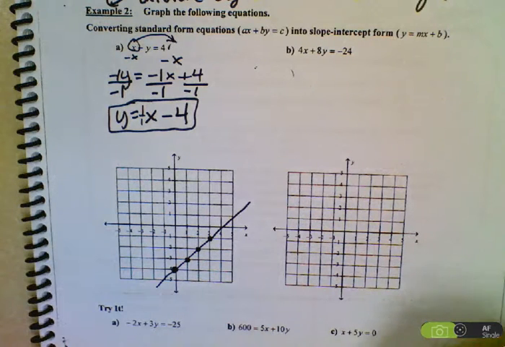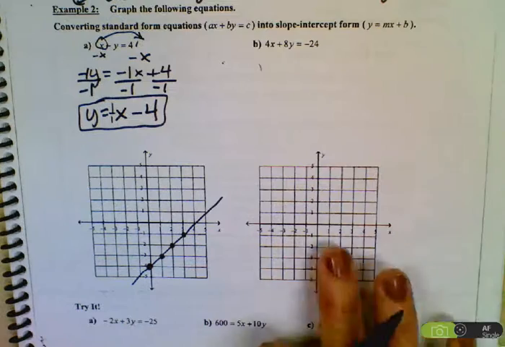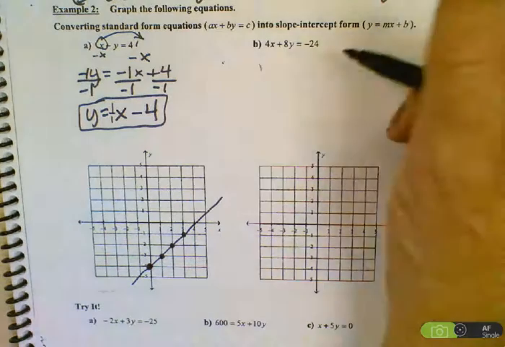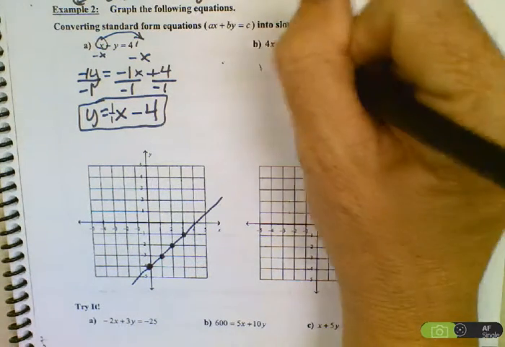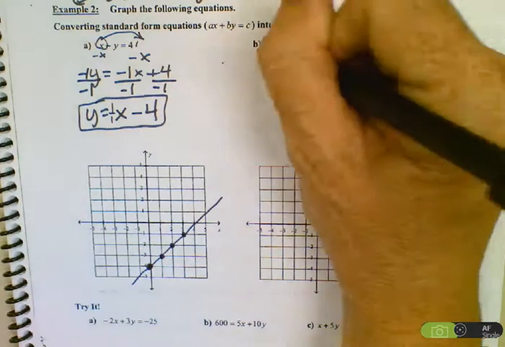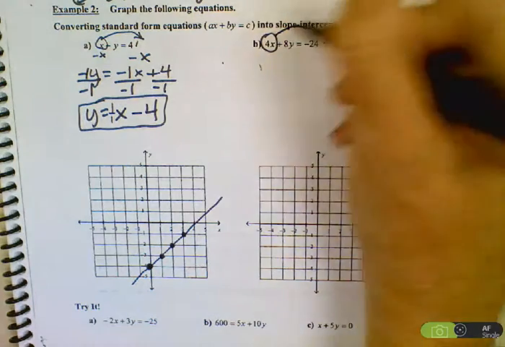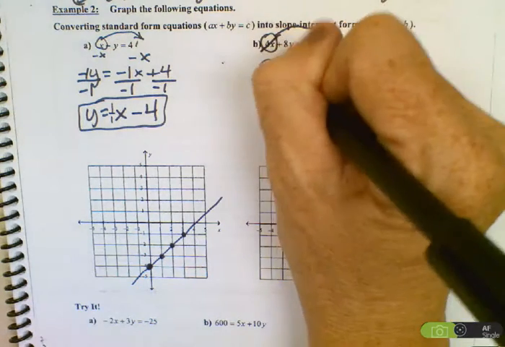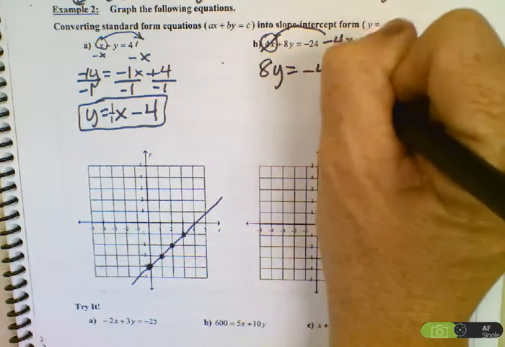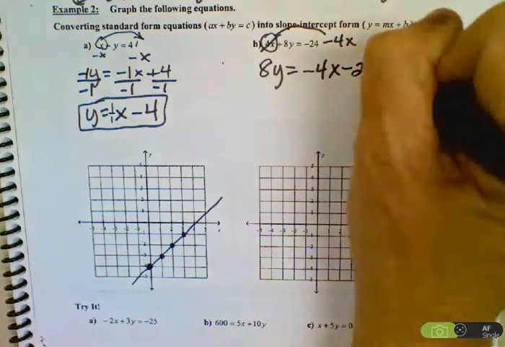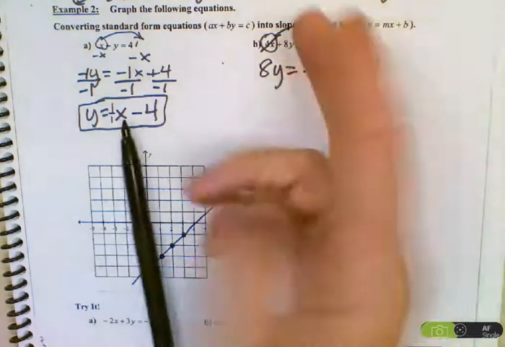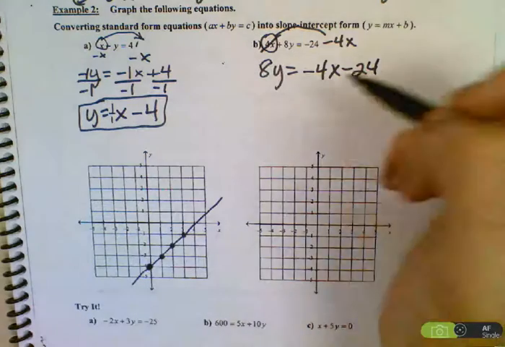Okay. All right, so let's try the same thing for B. So I'm going to move my x term. When it moves to the other side, it becomes -4x. I'm going to always write that in order so that my slope comes first. So -4x minus 24. I just reverse those two, but the signs stay with them.